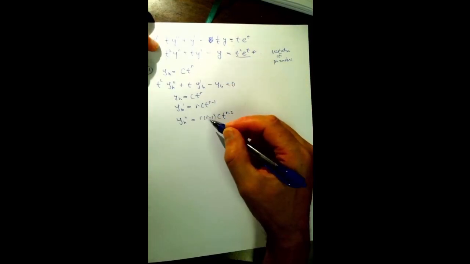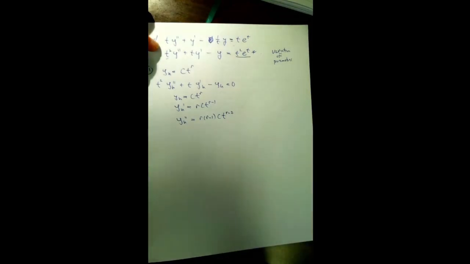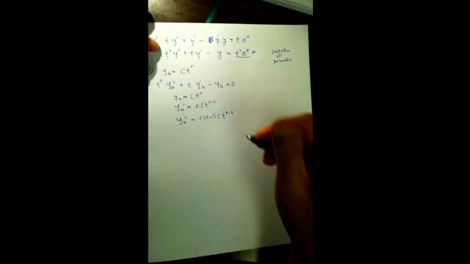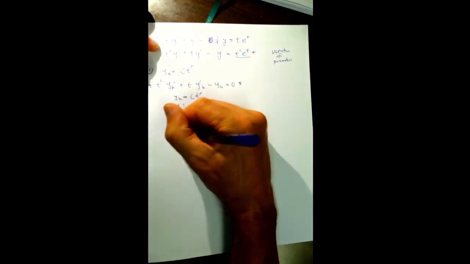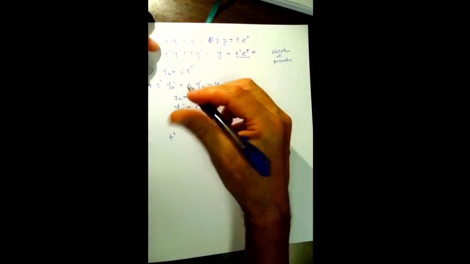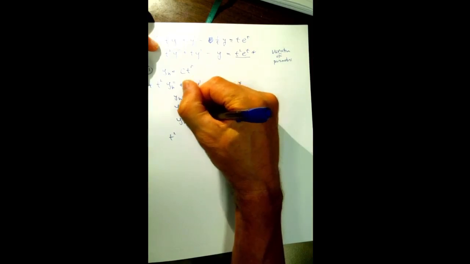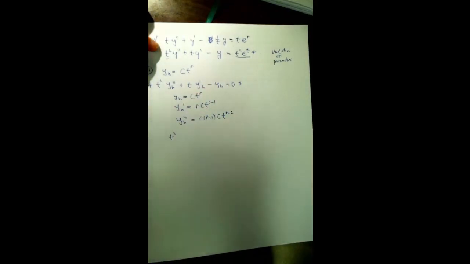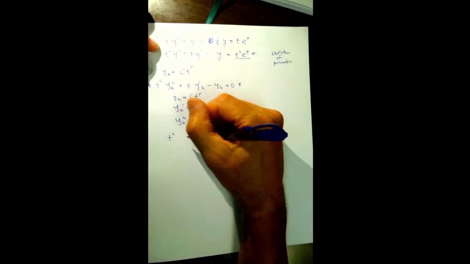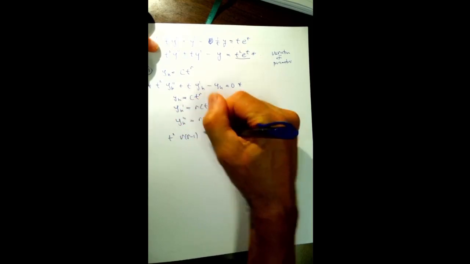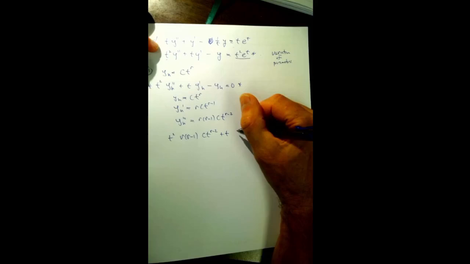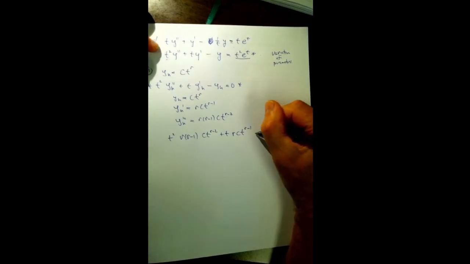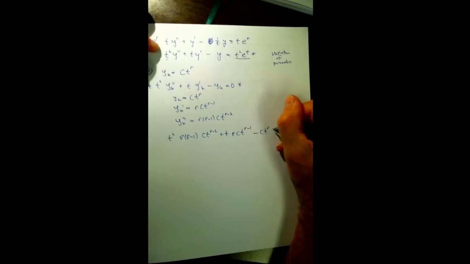Second derivative is r times r minus 1 times c times t to the r minus 2. Plug it into my differential equation, in this case the homogeneous one. So I get t squared times y double prime, r times r minus 1 c t to the r minus 2, plus t times the first derivative, so that's r c t to the r minus 1, minus the homogeneous solution, all equals 0.